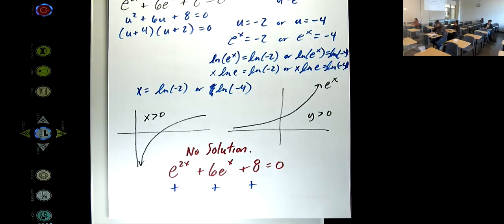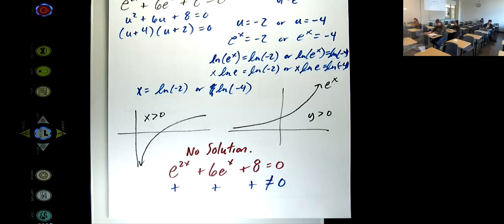If I add 3 positive numbers together, no matter what I stick in for x, they're always positive, not even 0. There's no way to add 3 positive numbers and end up with a 0. One of them has got to be negative to get back down to 0, and we don't have it there, so 3 positives can't equal 0.